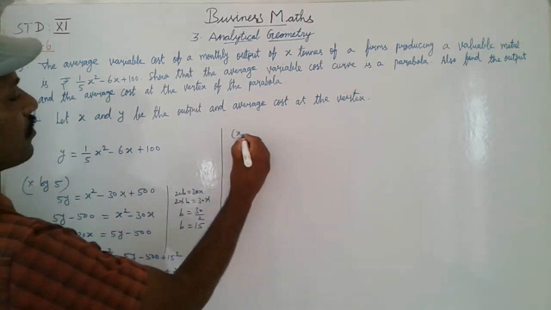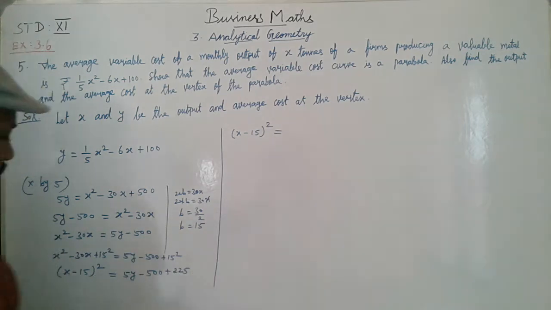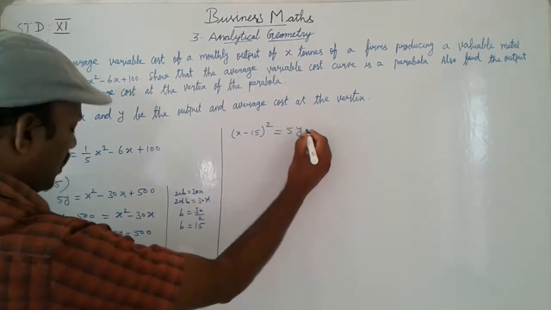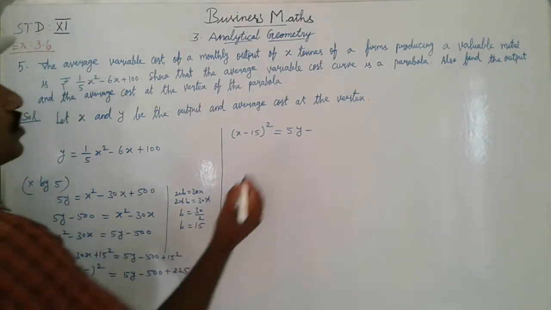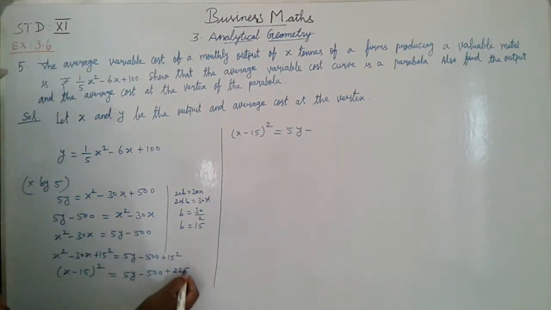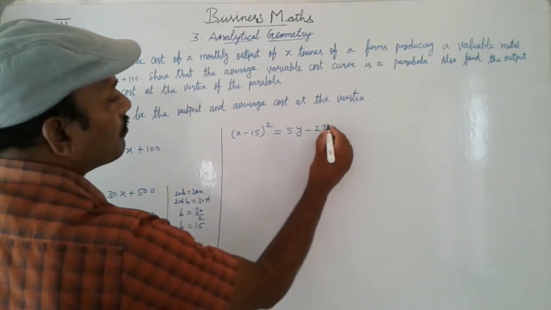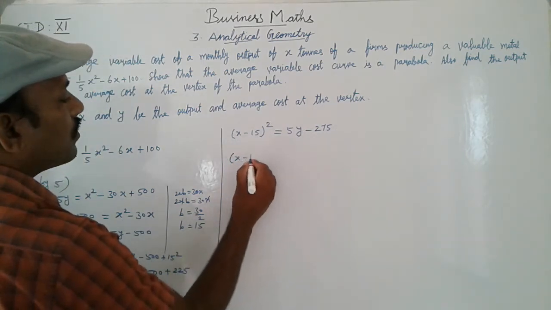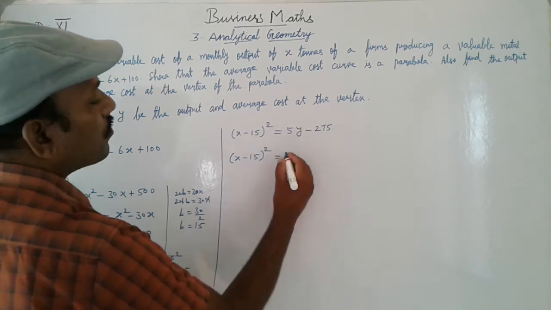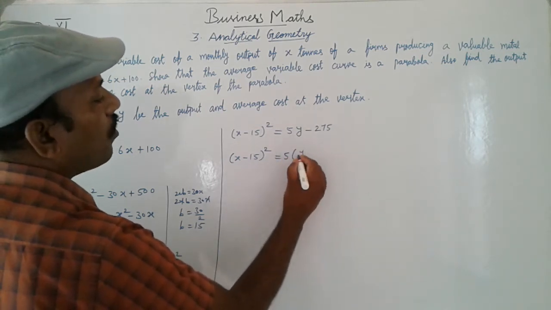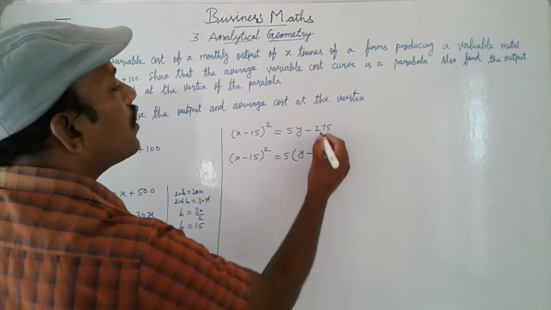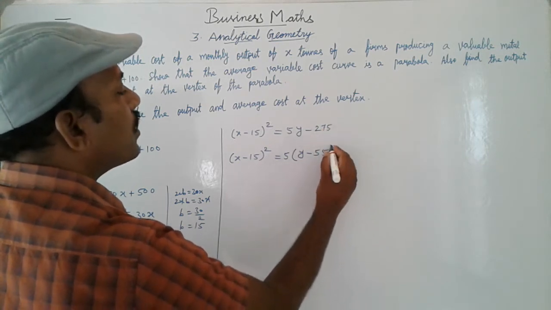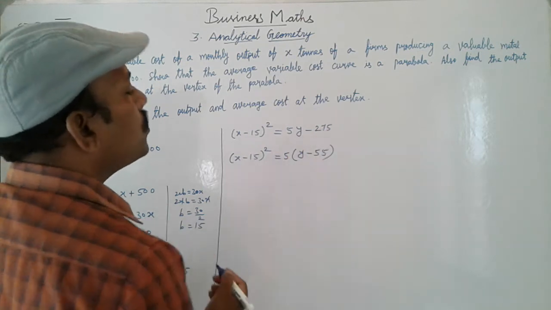So (x minus 15) whole square equal to 5y minus 500 plus 225, which is minus 275. Taking 5 common, we divide 275 by 5: 5 into 55 is 275.